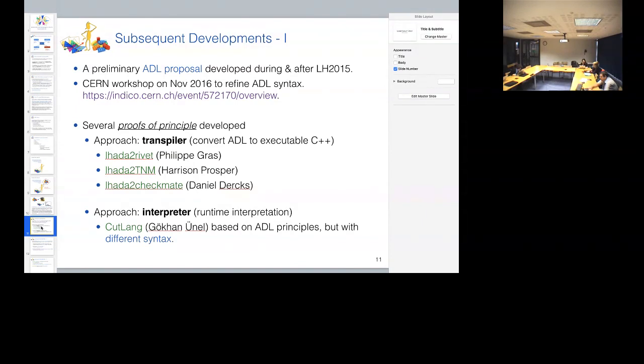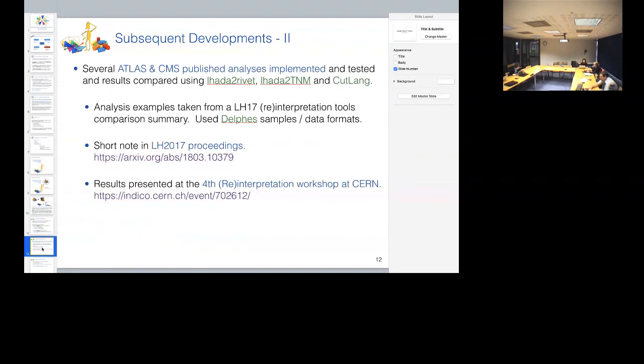called Cutlang. And as I mentioned, this was the first really first attempt at showing that this whole thing actually works. And so after this, we thought that the way to proceed was to actually look at a set of ATLAS and CMS analyses that have been published and actually implement them.